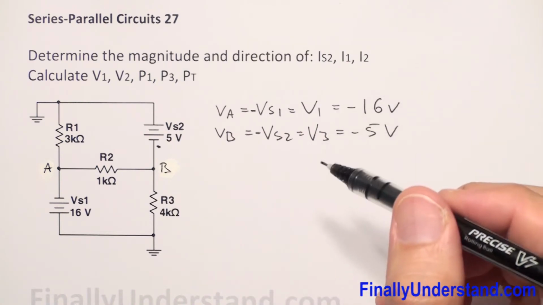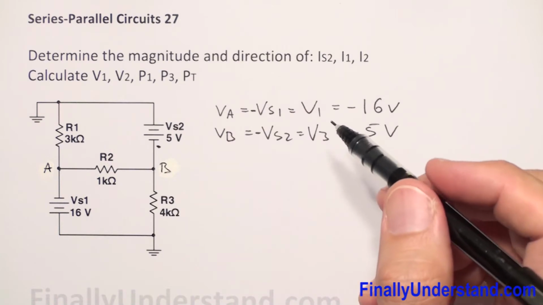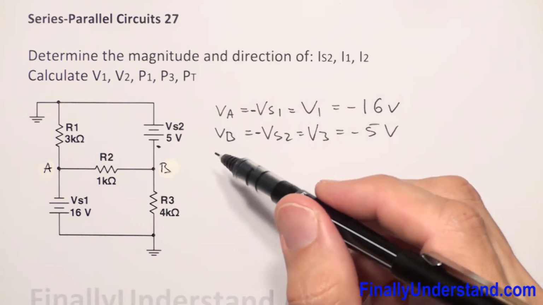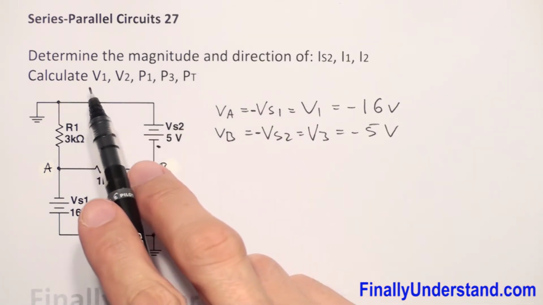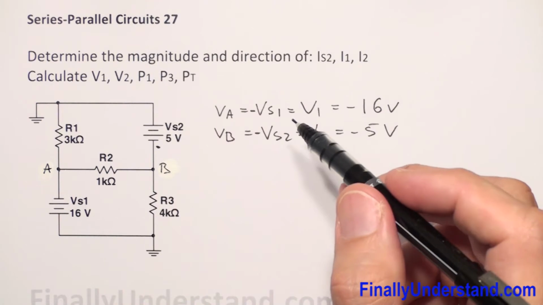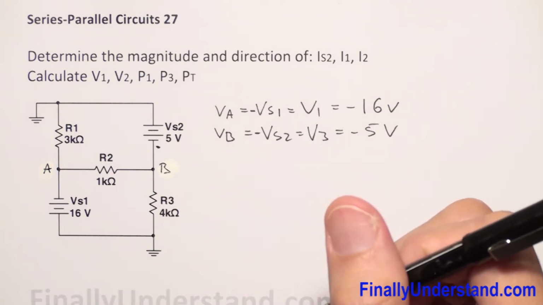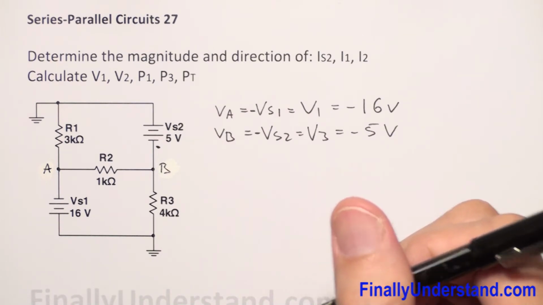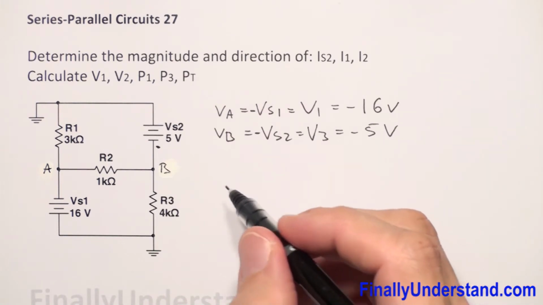Next, we need to keep in mind that current always goes from the higher potential to the lower potential. If you want to determine the direction of the currents, we must always keep this in mind. So let's take a look at how it works.